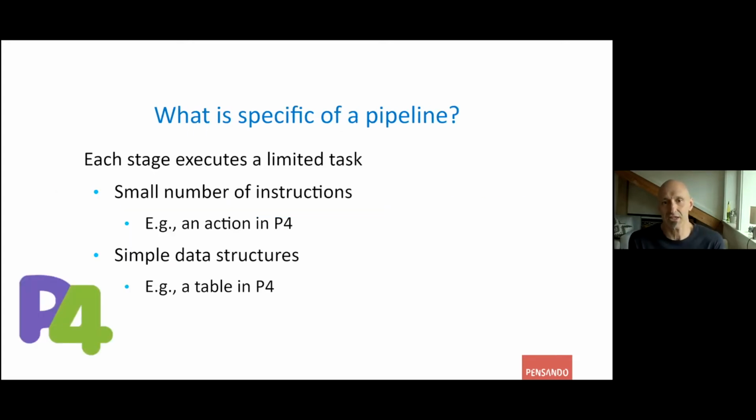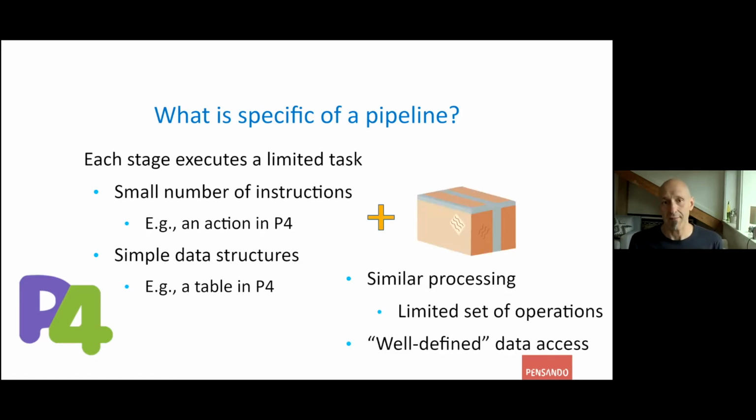What is specific of a pipeline? A pipeline is composed of several stages, and each stage executes a limited task with a small number of instructions, which are, for example, an action in P4, and it uses simple data structures, which are tables in P4. This is generic about pipelines. When we use pipelines for packet processing, we can leverage features that are typical of packet processing to improve performance even more.